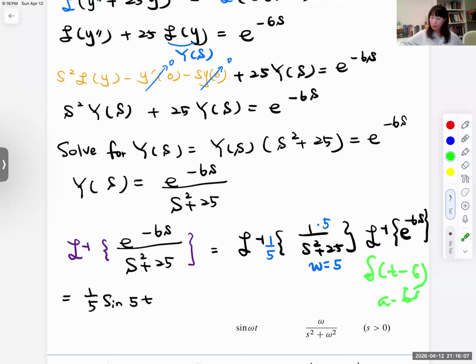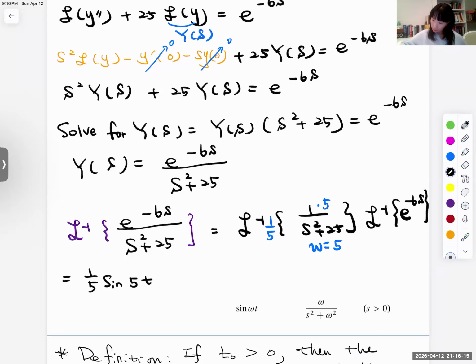So if we have the inverse Laplace transform of F of s times e to the negative as, we will use f of t minus a and u of t minus a.